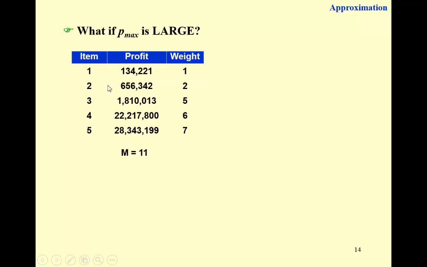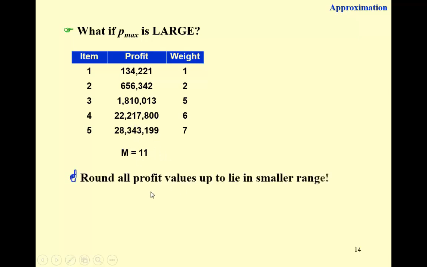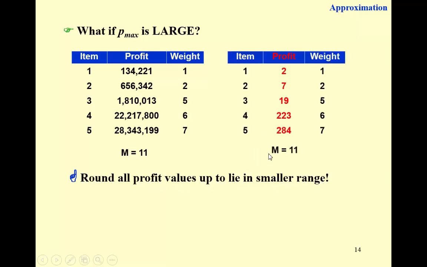All right. So what do we do? Do exhaustive search? You can't be serious, right? Well, one solution is that we can round all profit values up to lie in a smaller range. What does it mean? It means this. We can divide everything by a certain number.